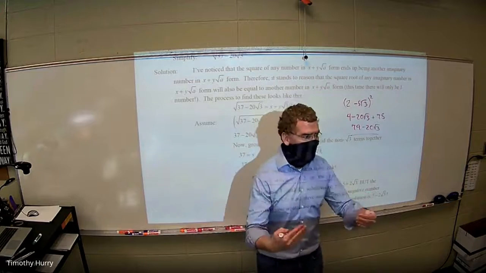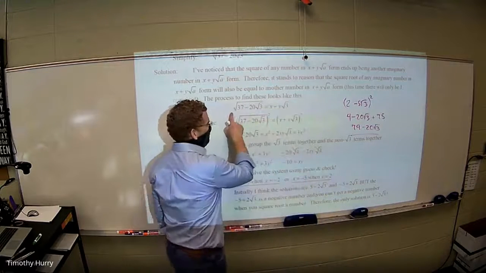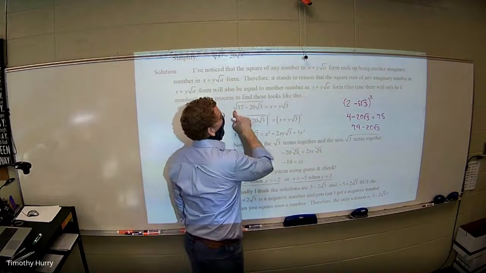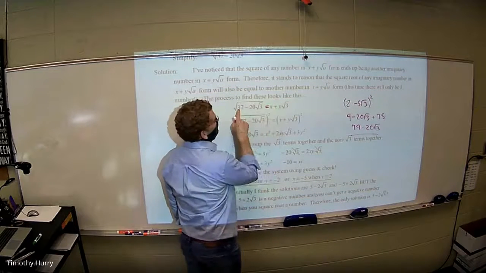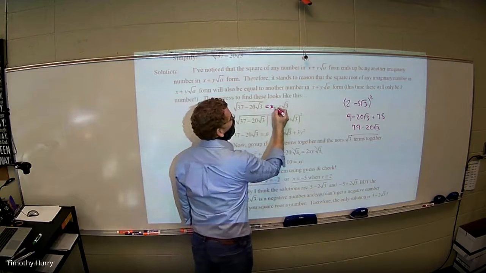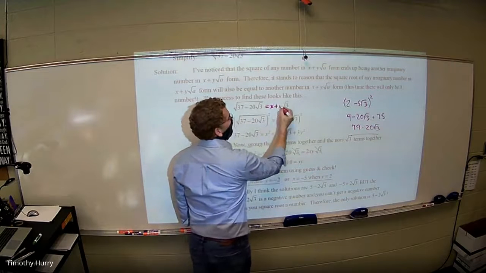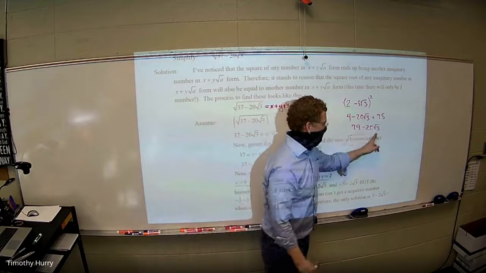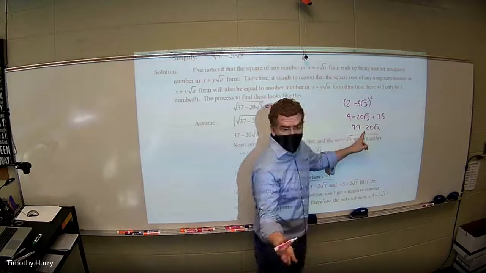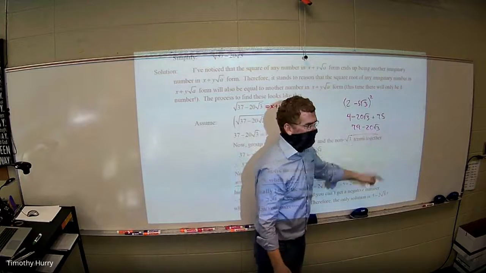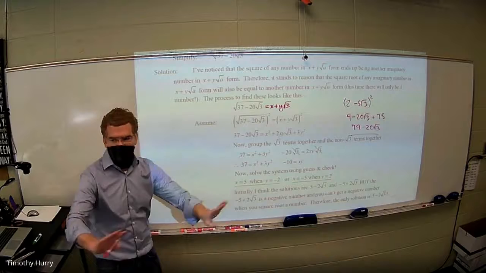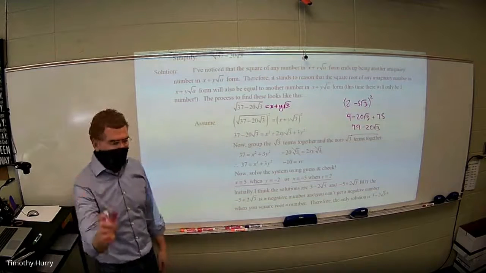So with that in mind, if I ask you to square root a number like this, I'm going to assume that when I get done with it, it's still going to be some number plus some other number root 3. And you saw that here. A number plus maybe minus some other number root 3. You seen it?